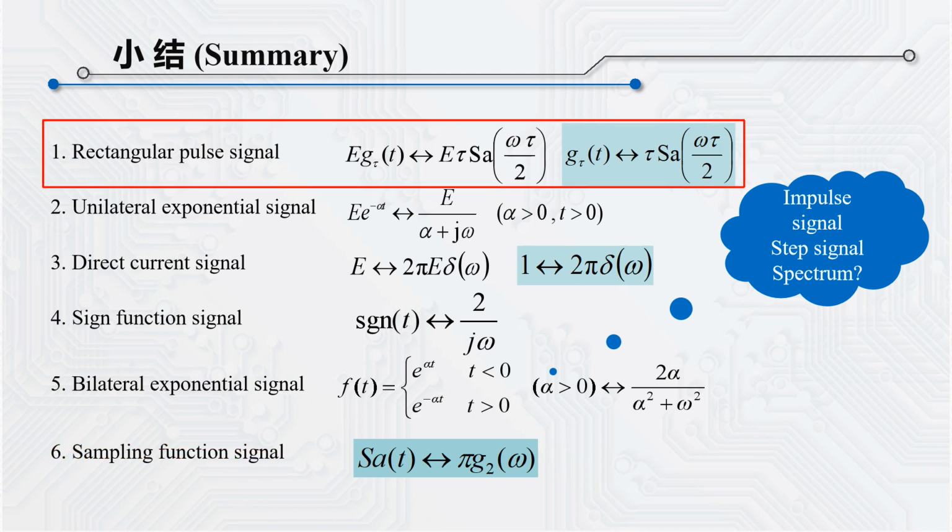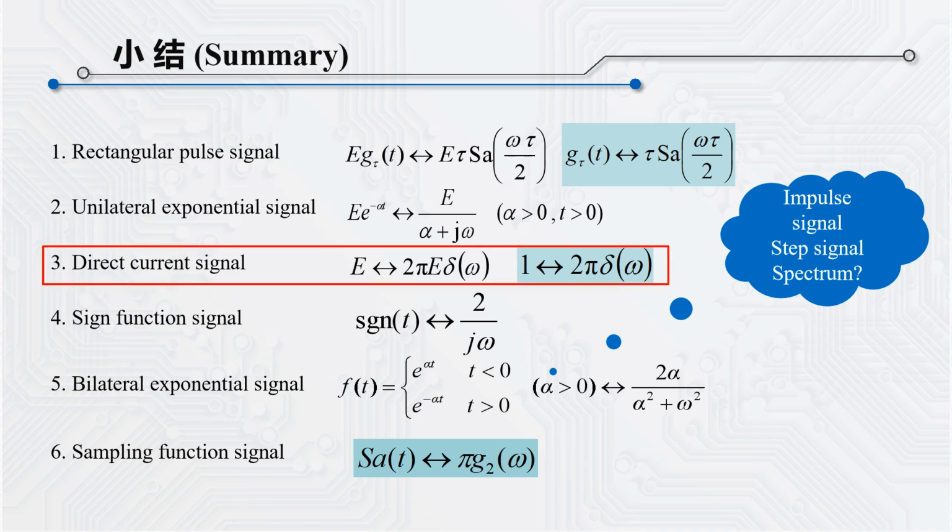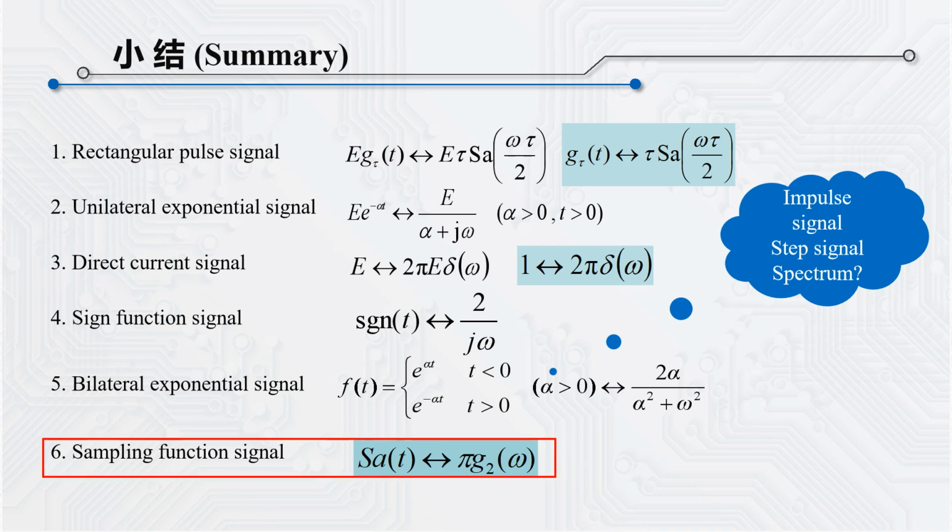You should know that the frequency spectrum of rectangular pulse signal changes according to the law of sampling function. The frequency spectrum of DC signal has the characteristics of impulse function. The frequency spectrum of sampling function signal changes according to the law of gate function.